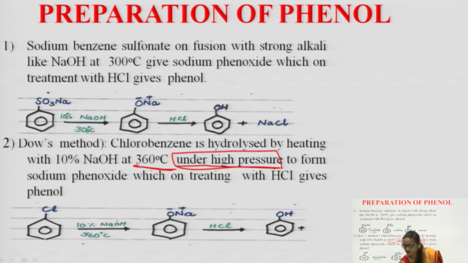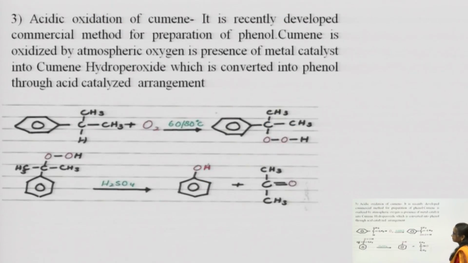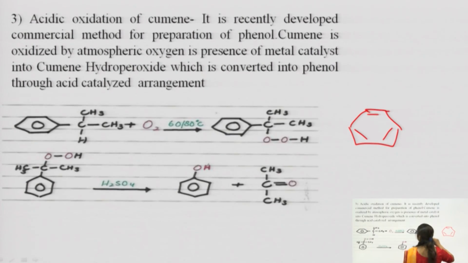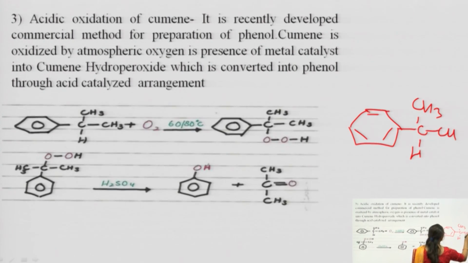So, these are the two methods. Another method is acidic oxidation of cumene. What is cumene? This is cumene, right.